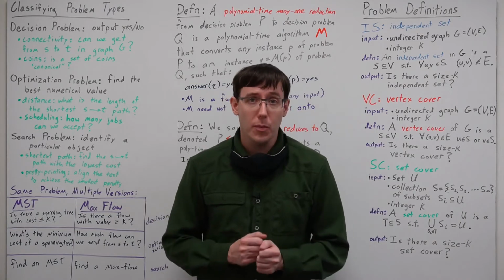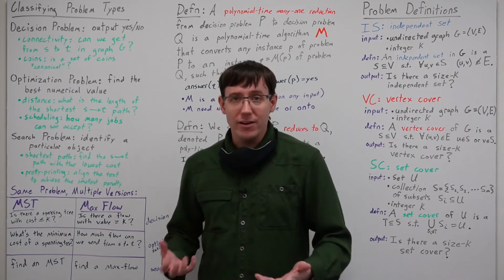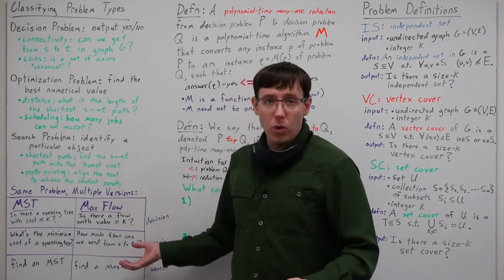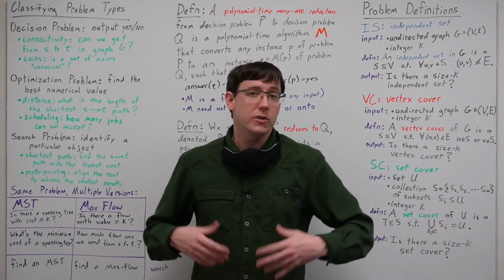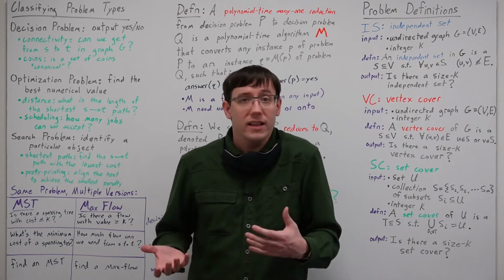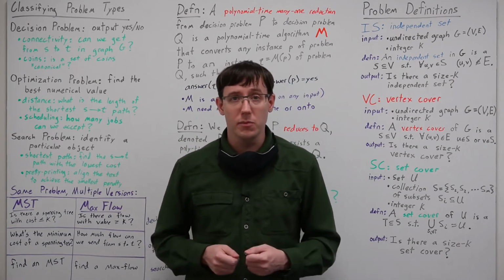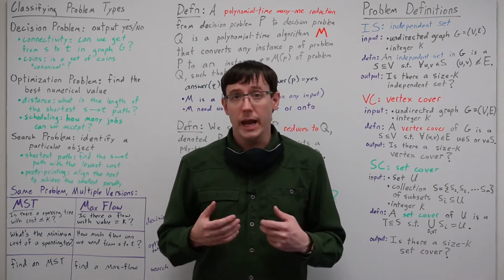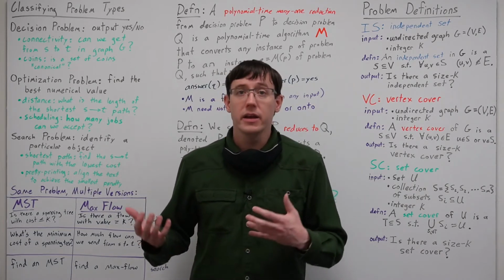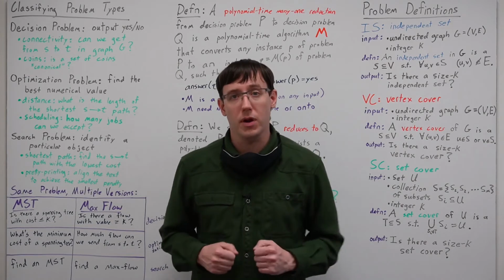And so for many of the problems that we've studied, we can naturally formulate search or optimization or decision versions of those problems. So to simplify our discussion of the relative difficulty of different problems, we will focus in on decision problems and translations between different types of decision problem.